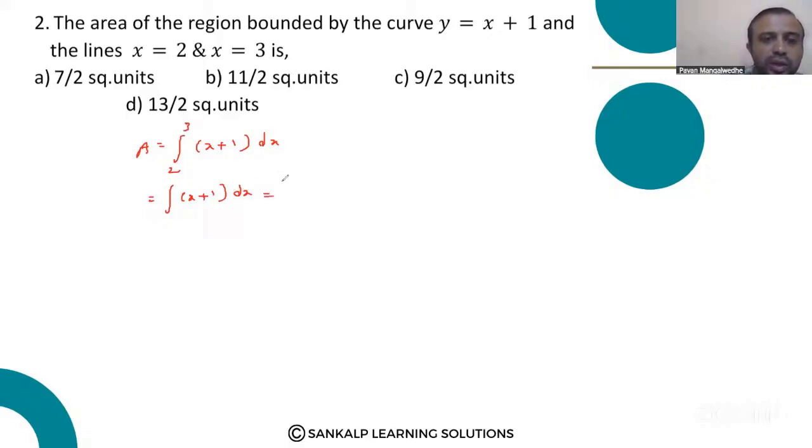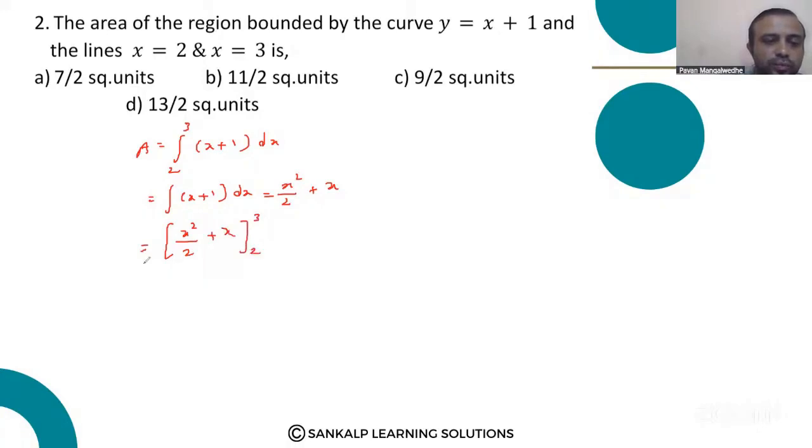Now evaluate this indefinite integral, the integration of x plus 1 dx, which is equal to x square by 2 plus x. Then applying the limits of integration, we get x square by 2 plus x from 2 to 3.